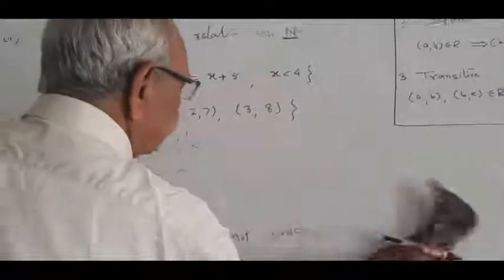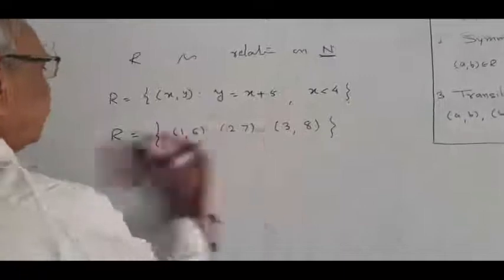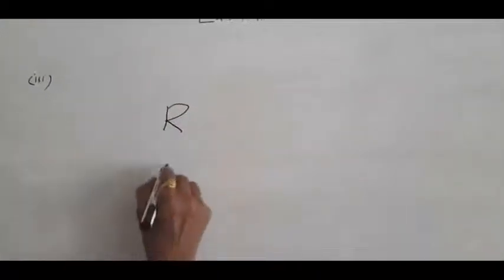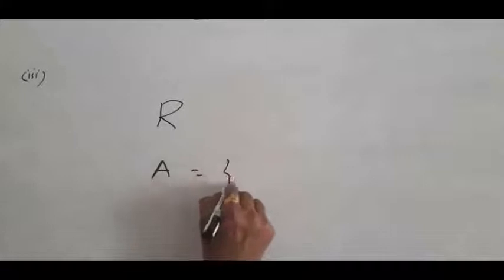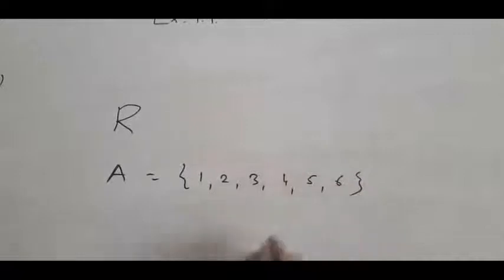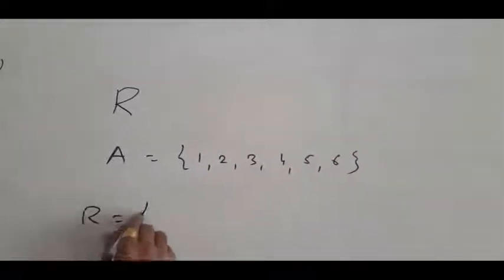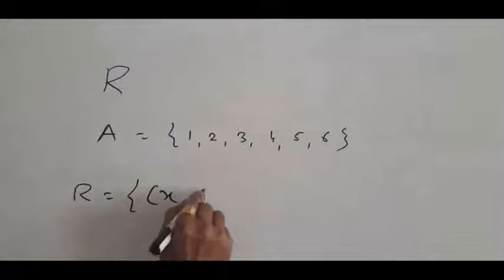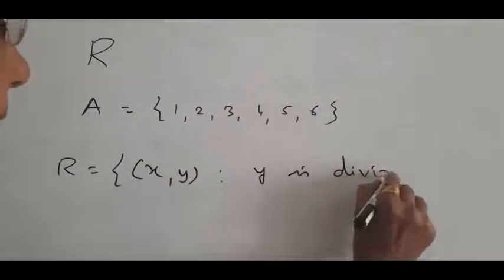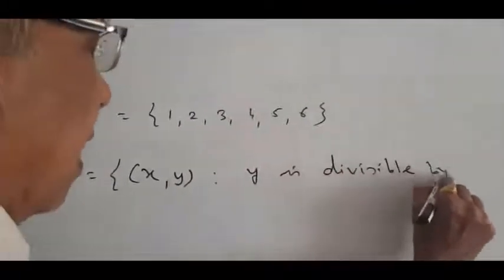Now, in the third, R is a relation in the set A and R is equal to the set of all (x, y) where y is divisible by x.